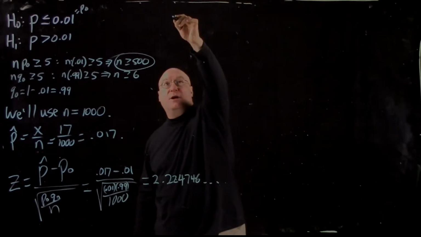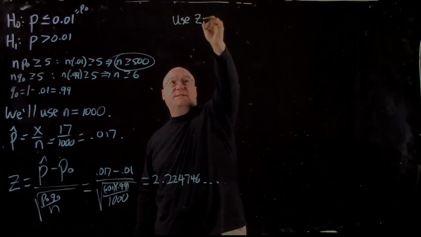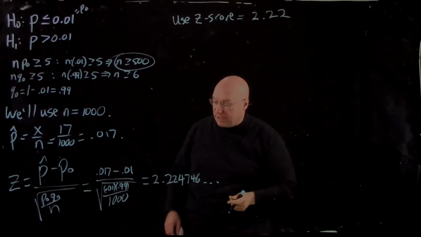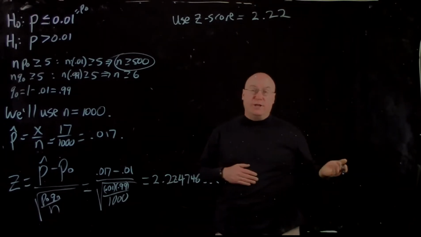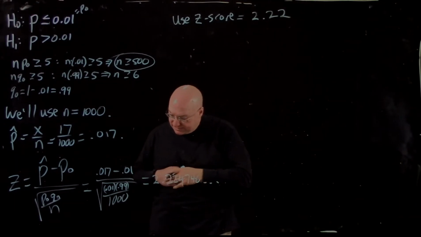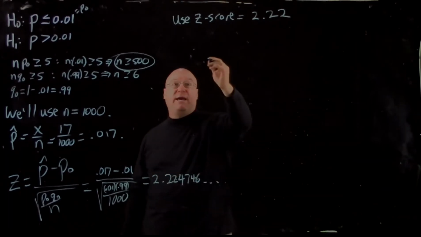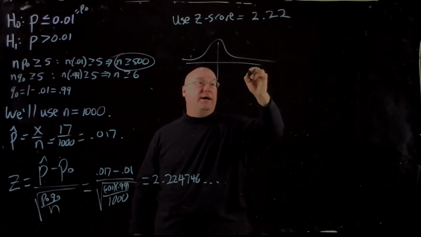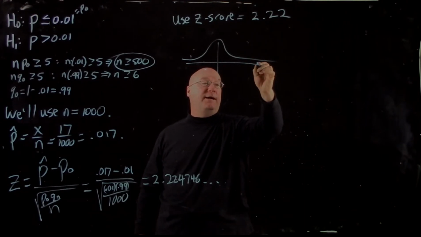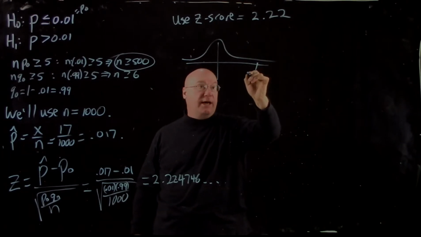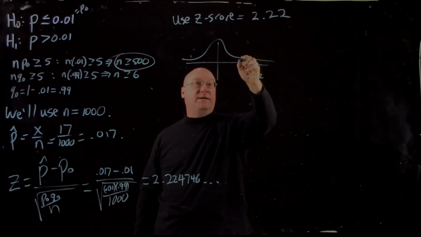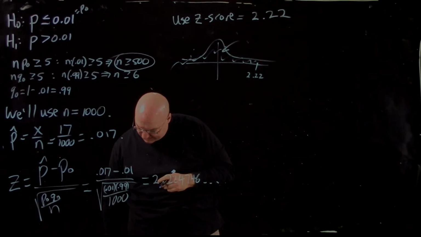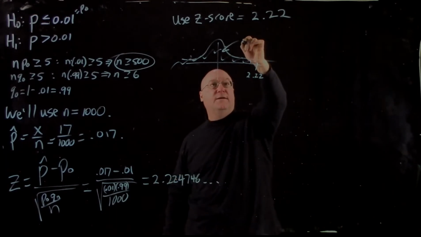Now I'm going to go into my z-table. I'll use a z-score equal to 2.22, since the table I'm using goes out only to the hundredths for the z-score. That's good enough. I'll draw the little picture here. At 2.22, all the area to the left is 0.9868.